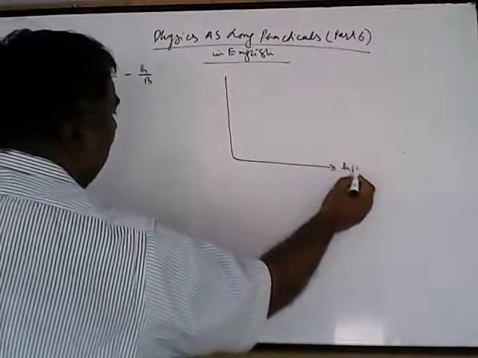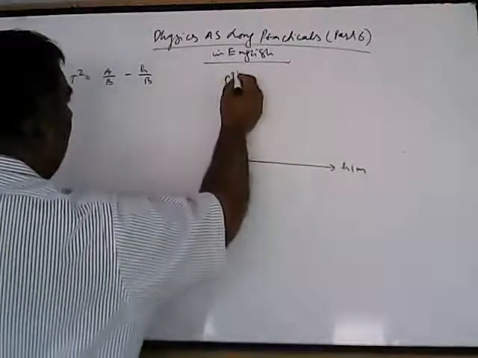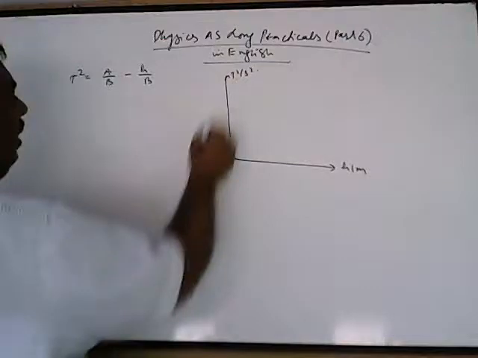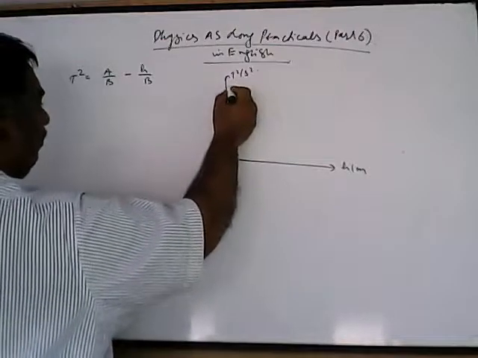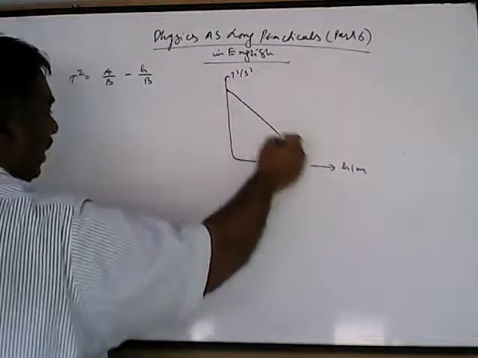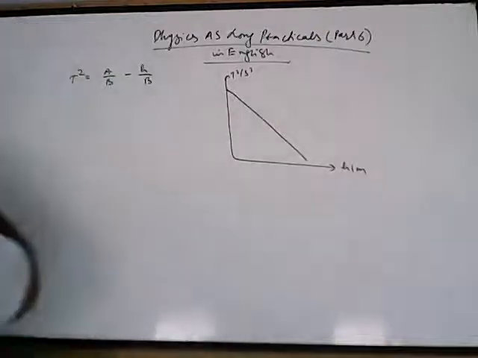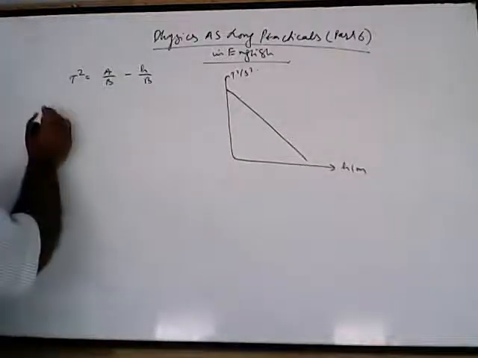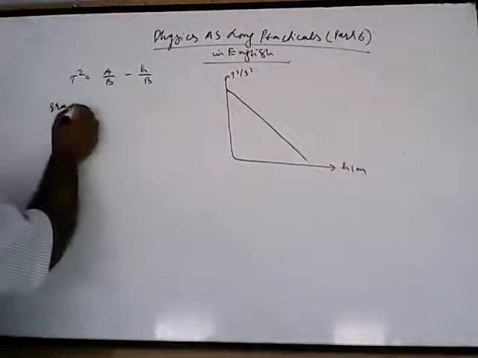H is along here in meters and t square is in seconds square, and the line of best fit comes like here in this way. Now first you will be calculating the gradient here.